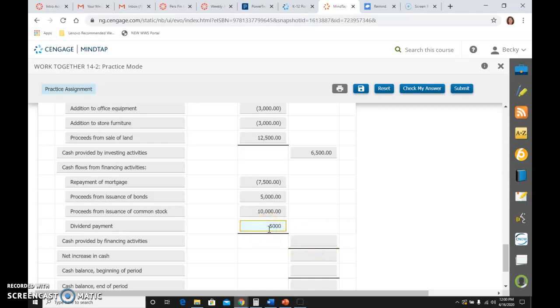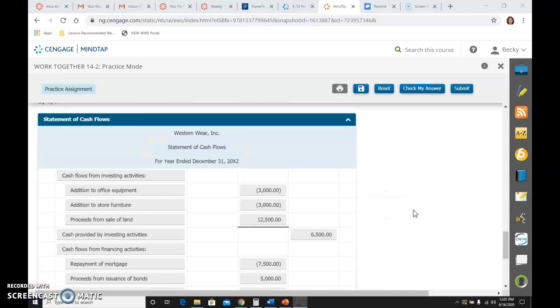Oops, that needs to be a negative. A use. And then we add all four of these up, and we would get $2,500 as the cash provided by financing activities.